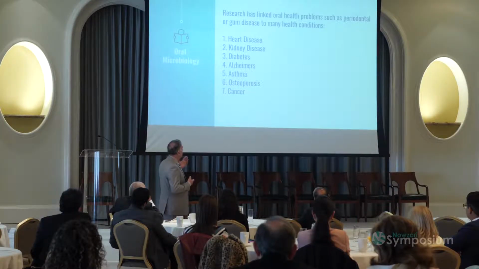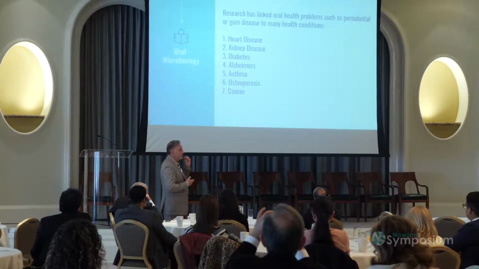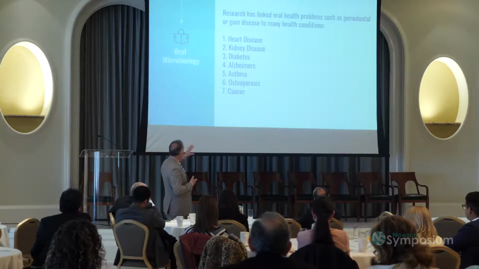So we go back into the mouth. And what we have found is that research has linked periodontal disease, gum disease types of bacteria in the mouth, to different heart disease, kidney disease, diabetes, Alzheimer's.